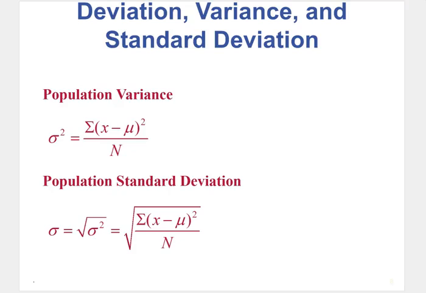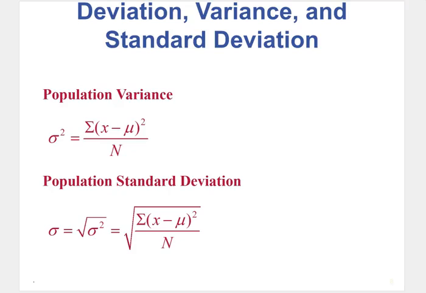If you're talking about a population, the variance would be the sum of all of those deviations squared. So take the deviation for each point, square them, add them all up, and then divide by your total number of data points. And your standard deviation is just going to be the square root of that variance. So in order to calculate standard deviation, you really do have to calculate variance first.